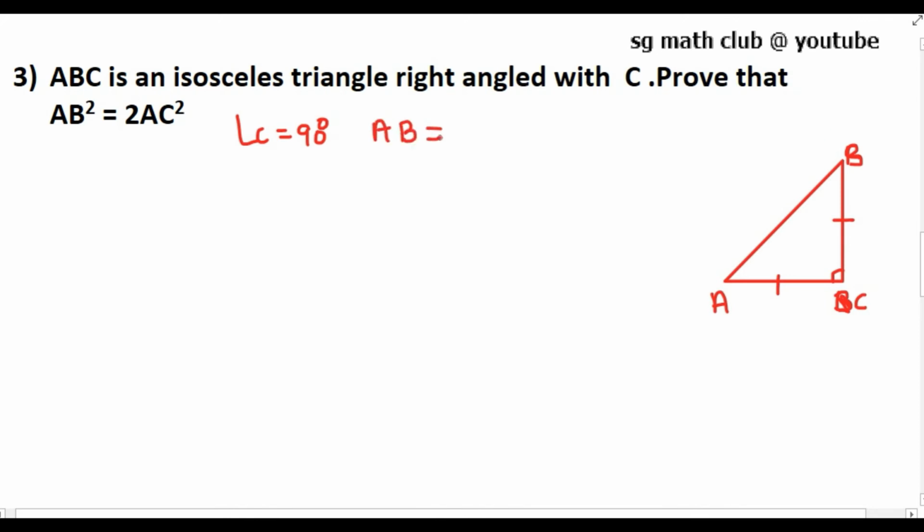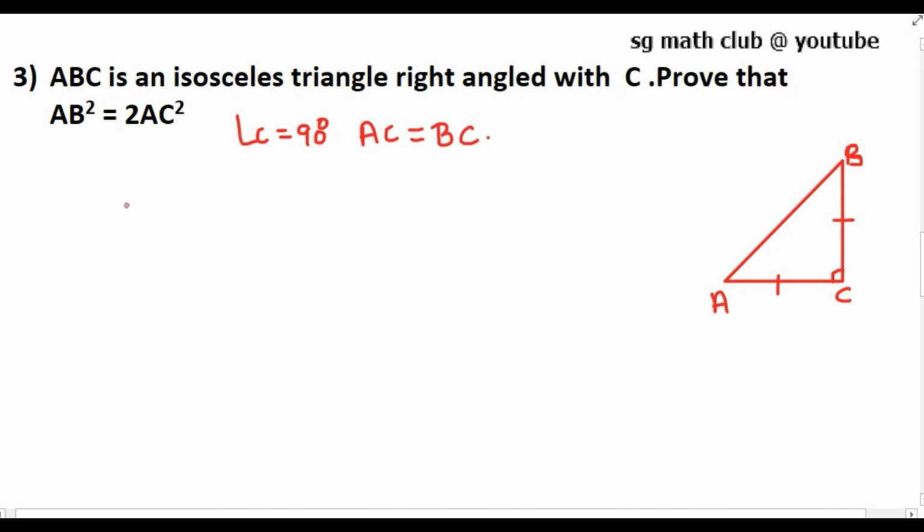AC will be equal to BC, not AB. So we have AC equal to BC. These two sides will be equal.